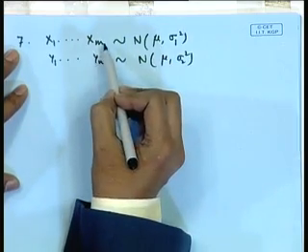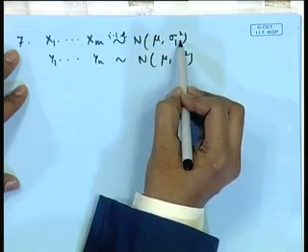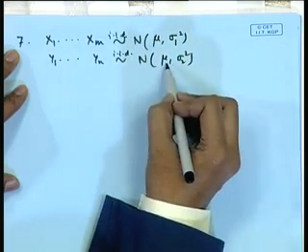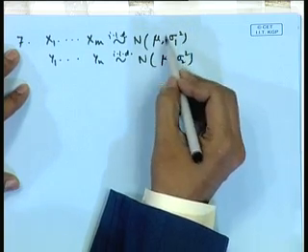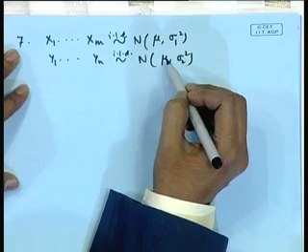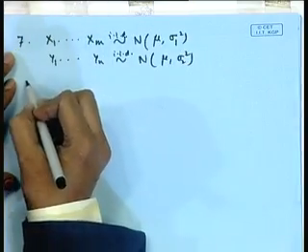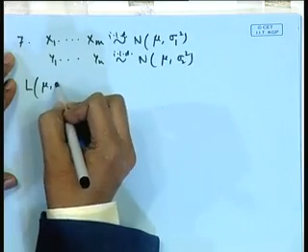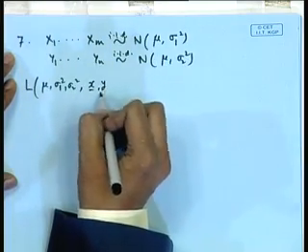So, we have a random sample x from a normal population with mean mu and variance sigma 1 square, and another random sample y 1, y 2, y n from a normal population with mean mu and variance sigma 2 square. So, in particular sigma 1 square and sigma 2 square may be different, but the mean is common. So, here you write down the likelihood function. Here 3 parameters are there, mu, sigma 1 square, sigma 2 square, and 2 samples x and y are there.